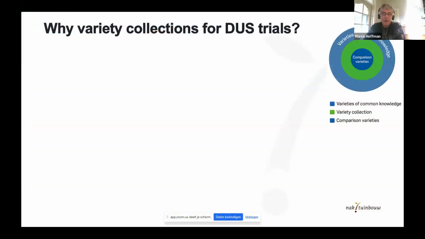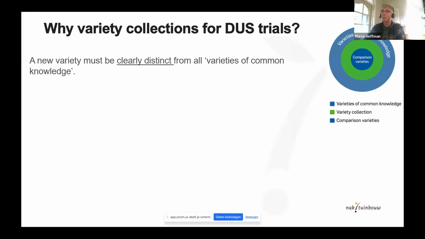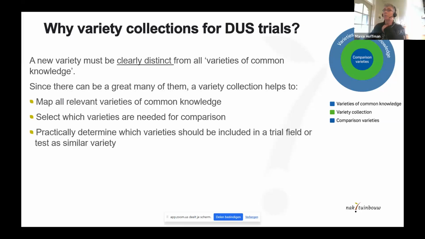So first, maybe a little repetition of what Leontino said, but first I want to give you some information on why variety collections are necessary in the DUS trials. Of course, a new variety must be clearly distinct from all varieties of common knowledge. That's clearly a UPOV principle.